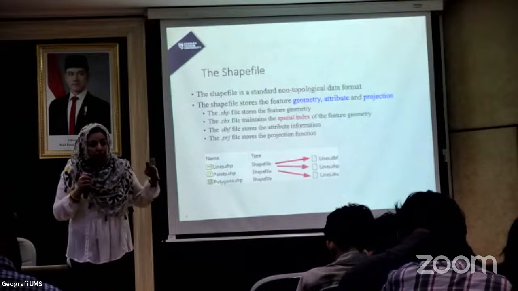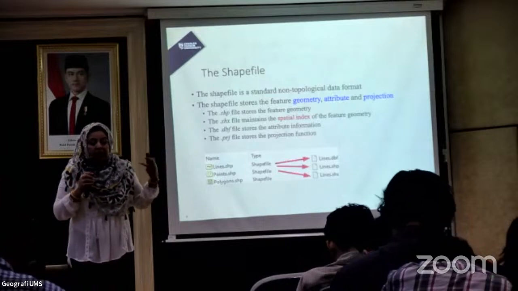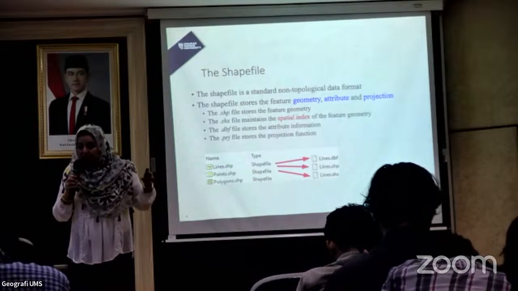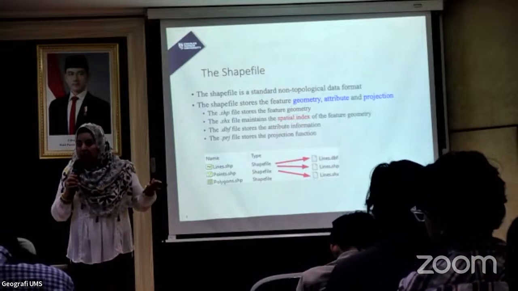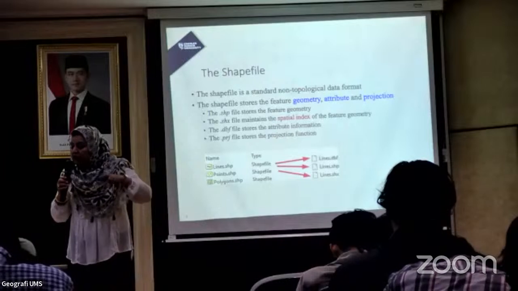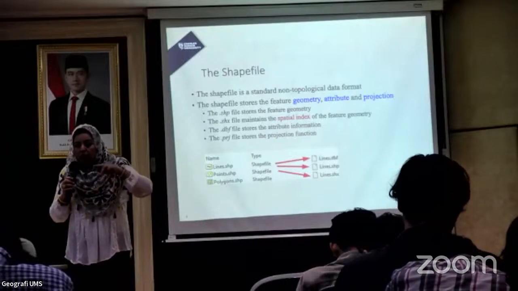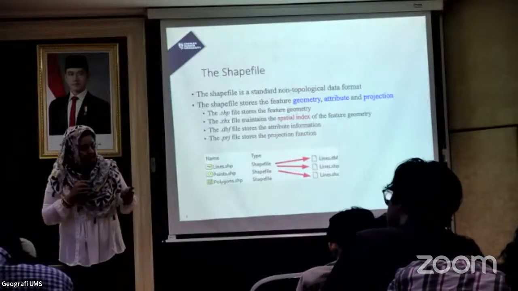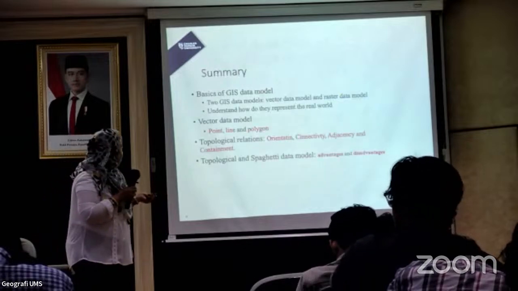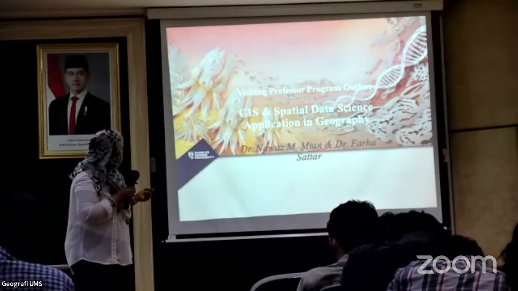Because what we are storing, points, lines, and polygons, is geometrical information, and in geometry we are saving or storing shapes. Okay, so that is a description of that.